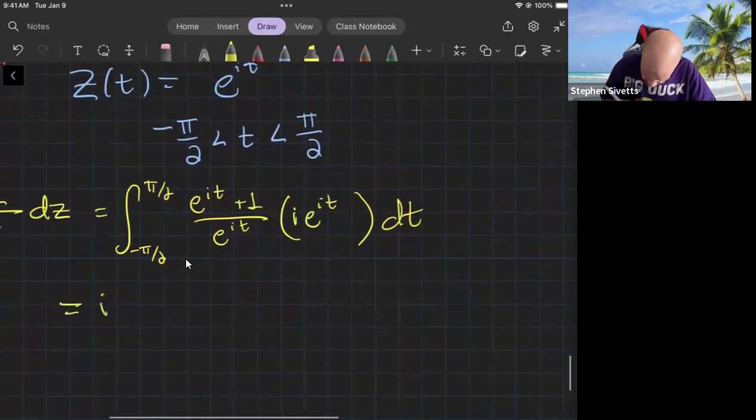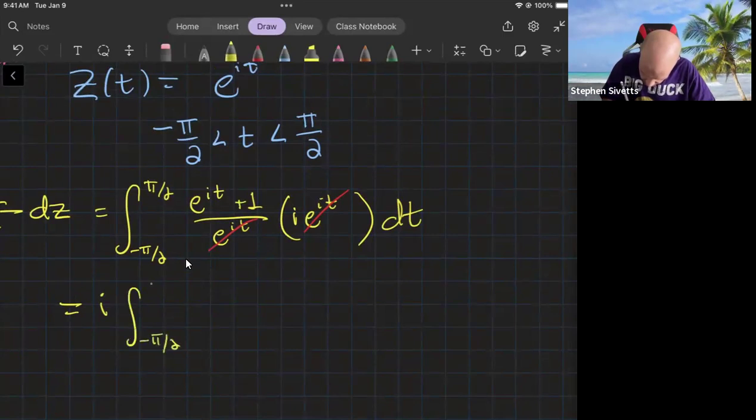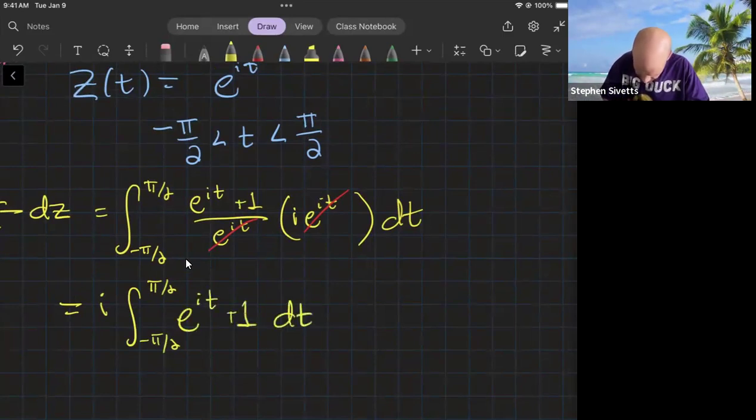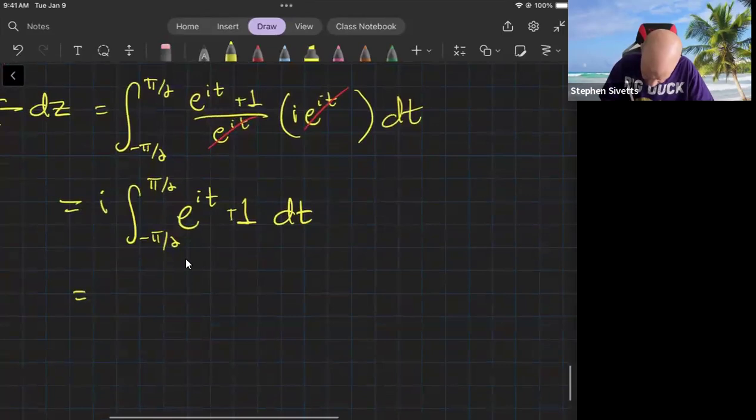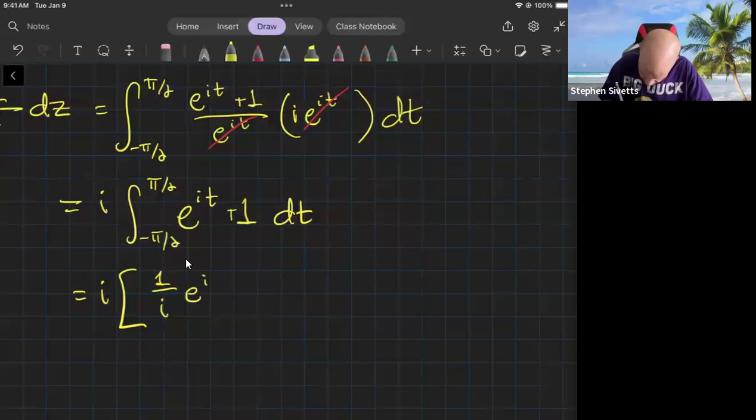So this equals minus i, the e to the its will cancel. So we'll have minus the integral from -π/2 to π/2 of e to the it plus 1 dt. And so this equals i times 1 over i e to the it plus t.